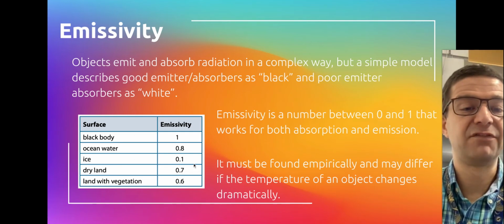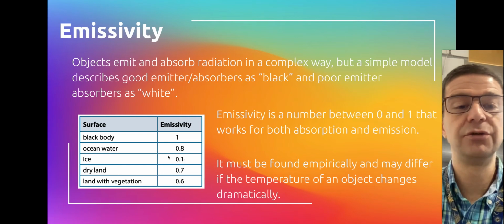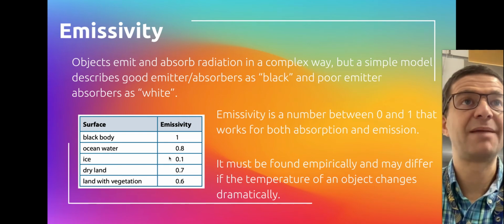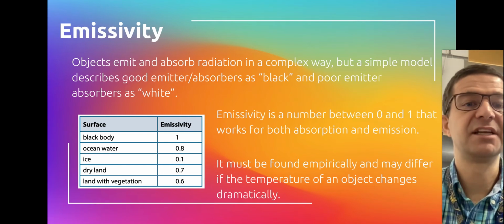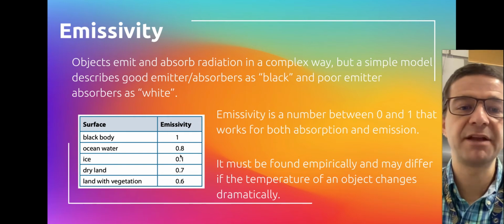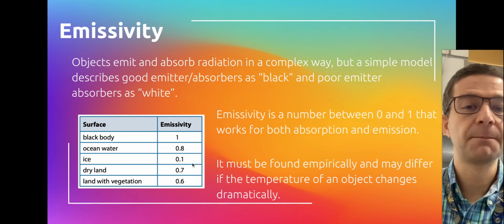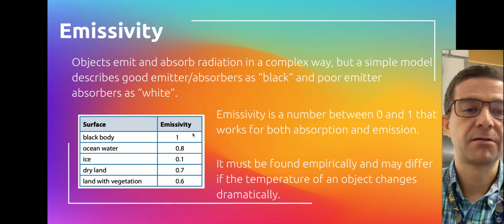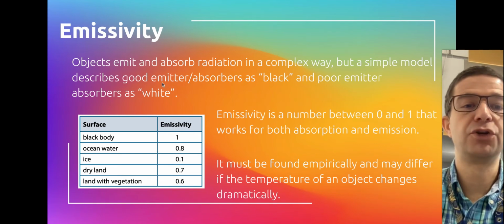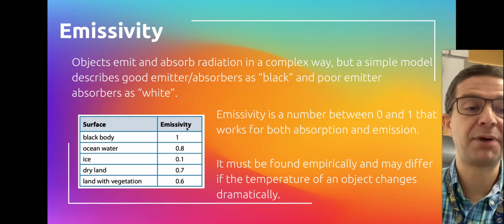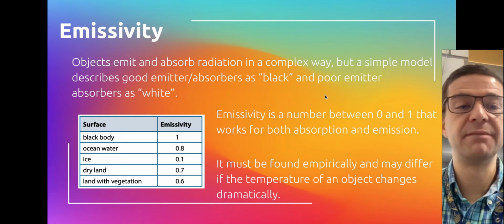Poor emitters have values that are closer to 0. So a perfect mirror that doesn't absorb radiation and doesn't emit radiation would have an emissivity of 0. We call objects that are good emitter-absorbers black bodies, and poor emitter-absorbers are white.